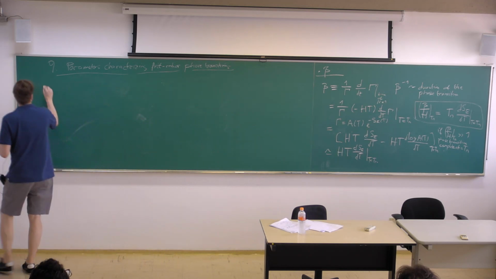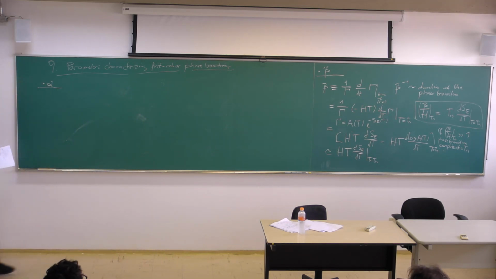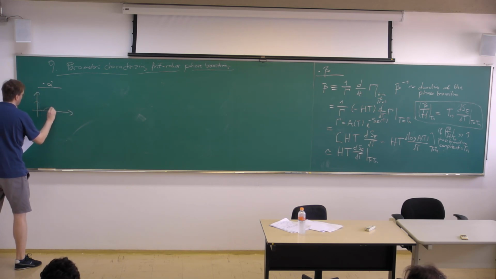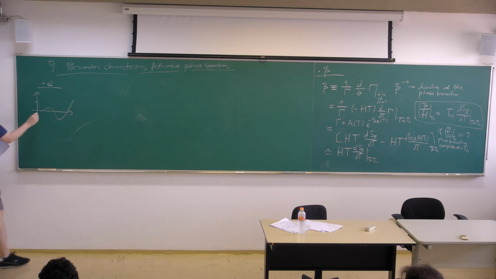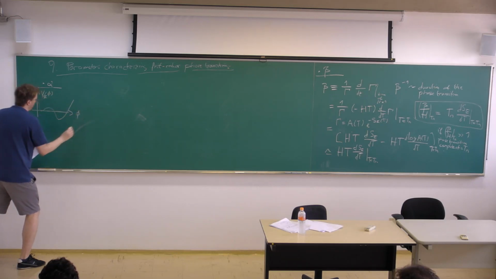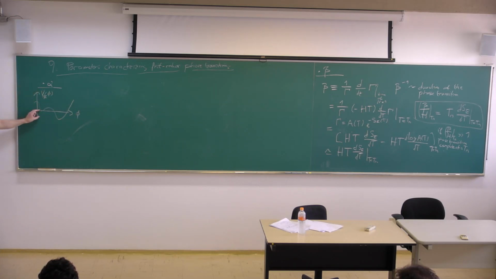The next parameter is called alpha. Very creative. As I said, we typically have this situation where once we tunnel, we go from here to here, that's the potential. There's typically some energy gap here, the latent heat that's released during the phase transition.